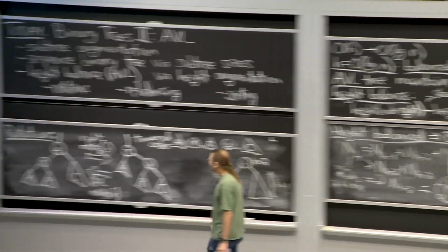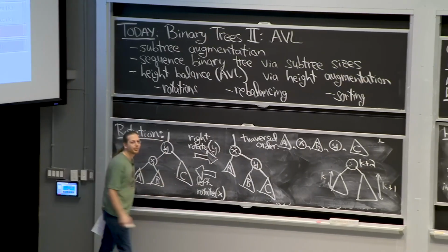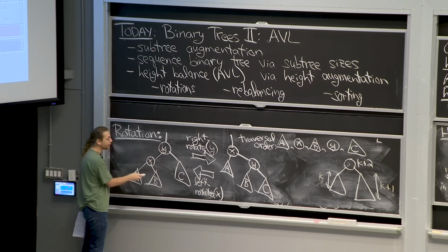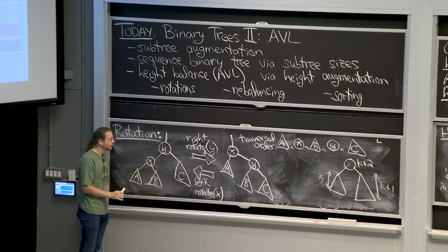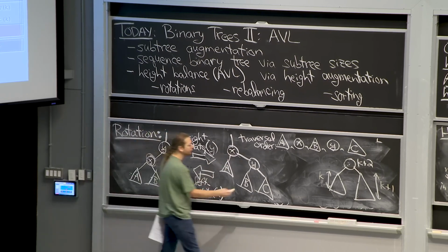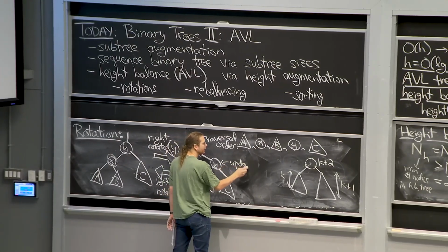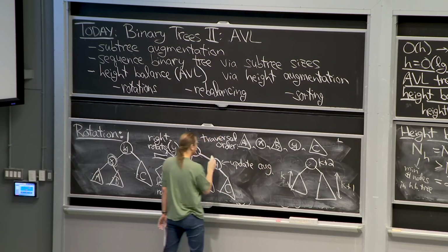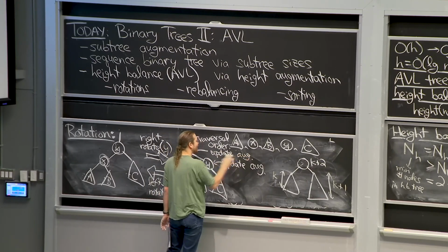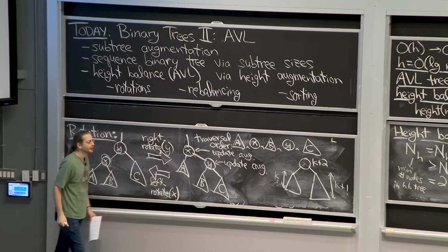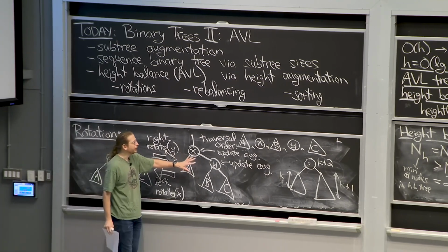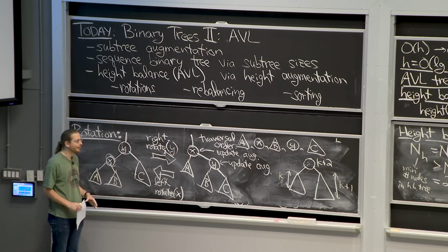Oh, by the way, whenever I do a rotation, I'm also going to have to update my subtree properties. When I rotate this edge, A does not change, B does not change, C does not change, so that's good. But X's subtree changes. It now has Y it didn't before. So we're going to have to also update the augmentation in Y, and in X, and eventually in all of the ancestors of X. So rotation is locally just changing a constant number of pointers, so I usually think of rotations as taking constant time.